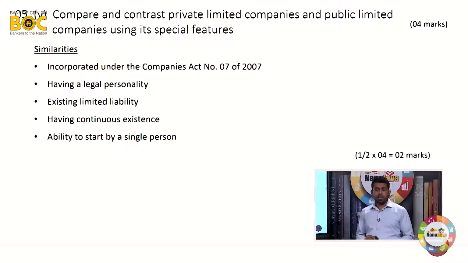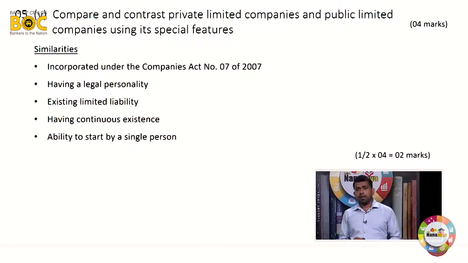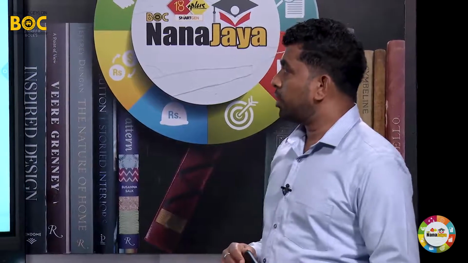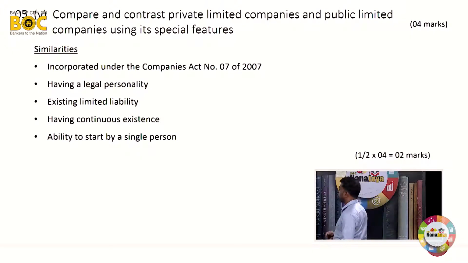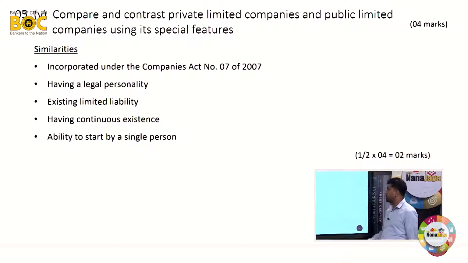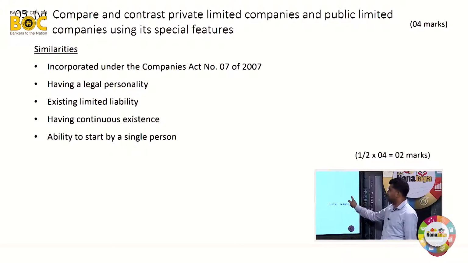Both should be registered under the Companies Act number 7 of 2007, and both companies have legal personality and limited liability, both have continuous existence, and both can be started by a single person. Minimum member requirement is 1 for both these companies. You have to mention 4 facts to get 2 marks for this.